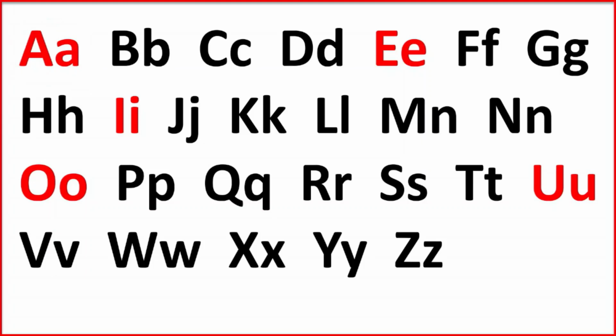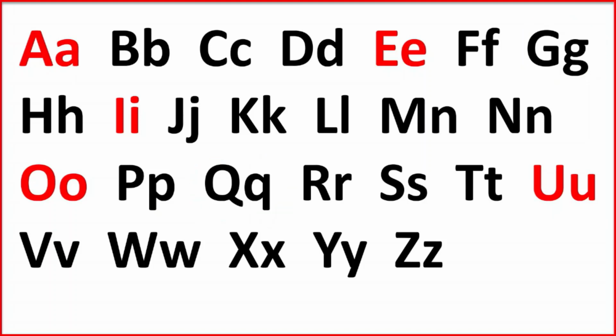This is A. What is this? This is J. What is this? This is L. What is this? This is C. What is this? This is K. What is this? This is M. What is this? This is P. What is this? This is G.